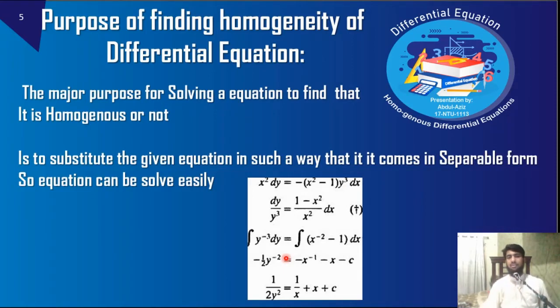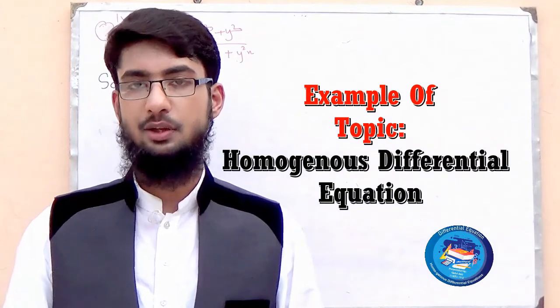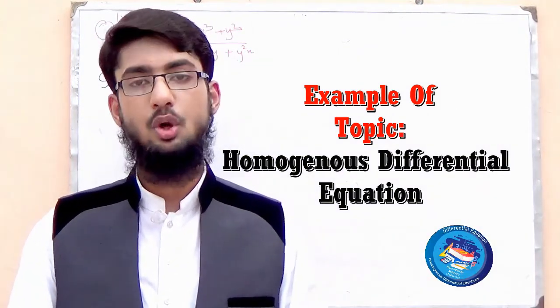By solving it, we get a separable form, where the y variables are on one side and the x variables are on the other side. This is a separable form. One of the basic purposes of finding the homogeneity of a differential equation is to make sure that we can substitute or not. In order to explain more about the homogeneous differential equation, I am going to take an example from the textbook and solve it in front of you.